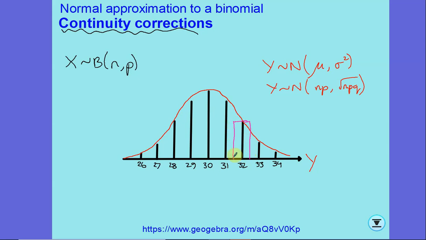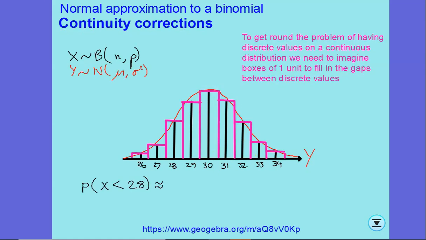The reason it's 1 unit is because these are 1 unit apart, but it's always going to be the case. Something like this. Here's one I made earlier. Now, this is all well and good, but you can see that under here there's space not included, and we've got space outside as well that is being included if we take the boxes into consideration. So that is why we had to do this continuity correction, and it'll all become clear soon enough.